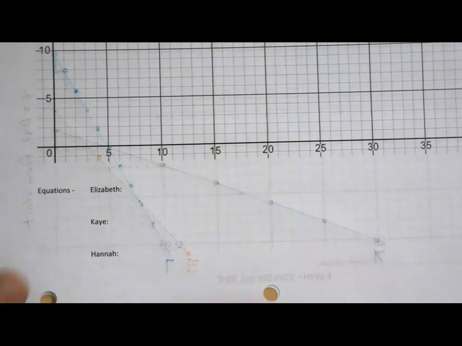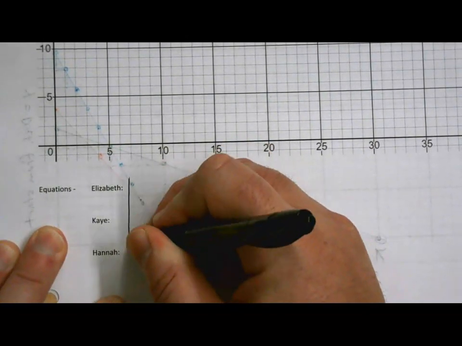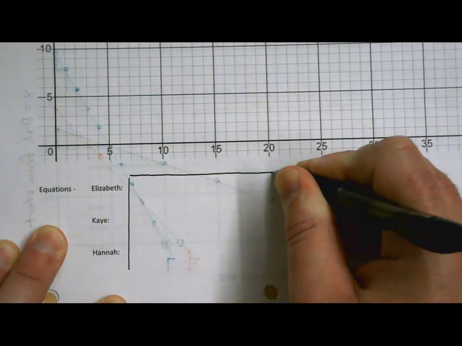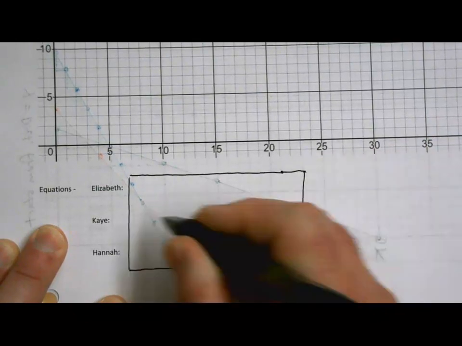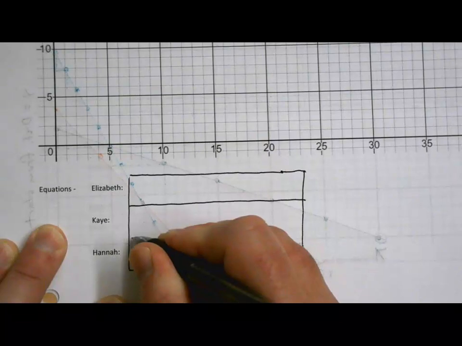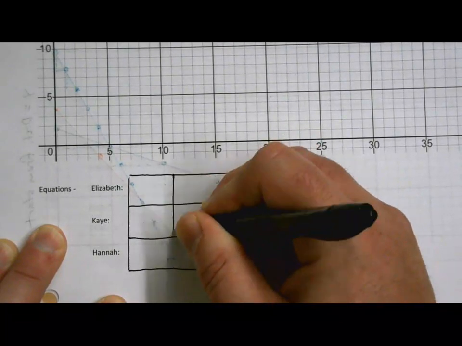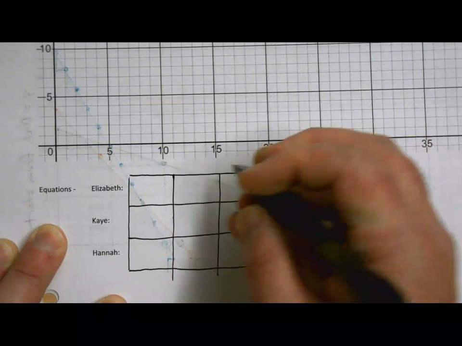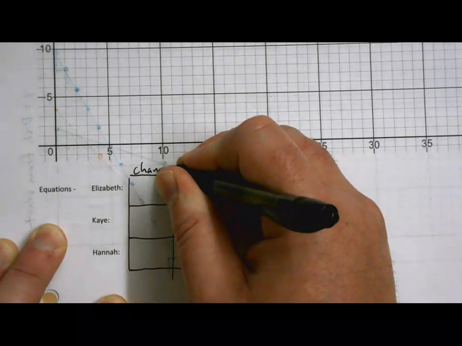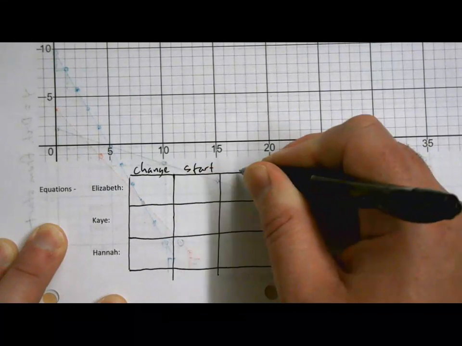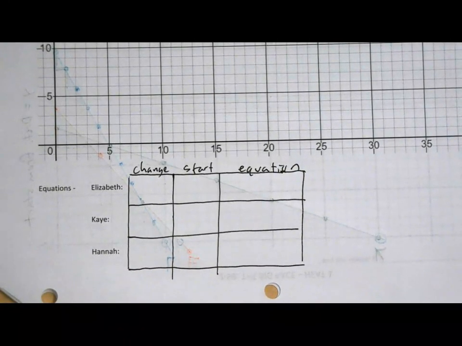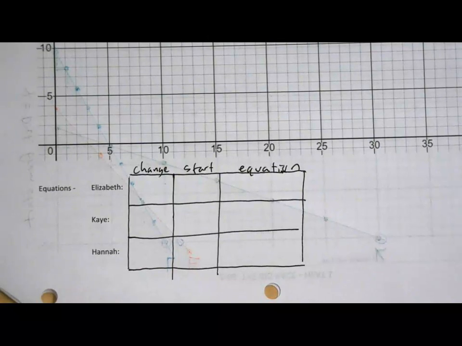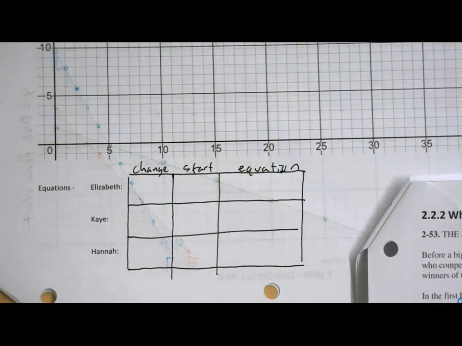Let's go ahead and create a table, just like we did a moment ago. So in a moment, your job is going to be to find the change and the start and write an equation for Elizabeth, Kay, and Hannah.